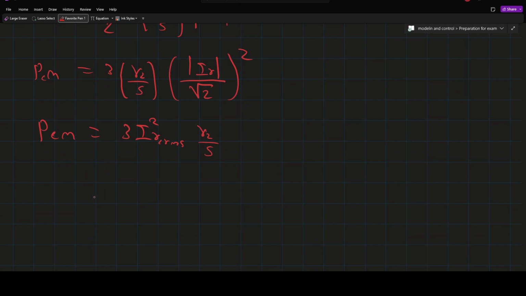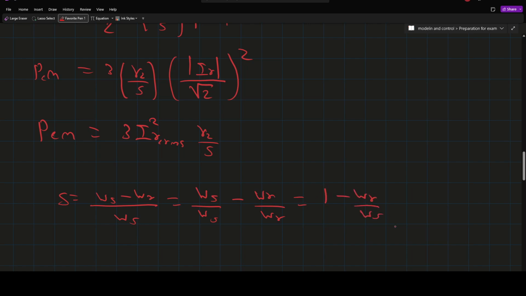Okay, and now we know that s is our speed in synchronous minus our speed in electrical over our speed in synchronous. So this equals omega s minus omega r over omega s, which equals 1 minus omega r over omega s.